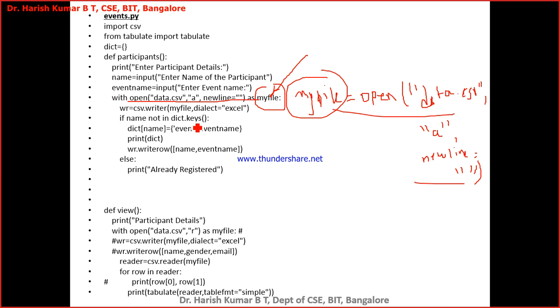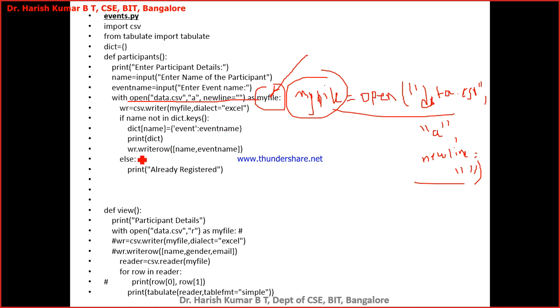Next, if name not in dictionary.keys. I can allow a participant to register only for one event. Before registering, I'm checking whether the name is not in dictionary.keys. If it's not, I add to the dictionary: the key is the name and the event is the value. Then I'm printing.